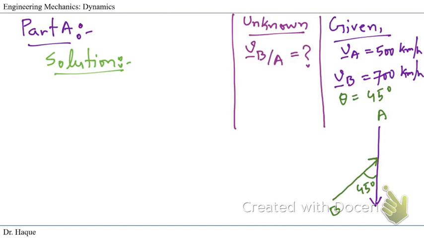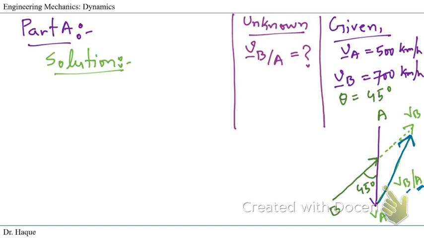If we extend this line in this direction, it will be VA and VB, and when we have to find VB with respect to A, the arrow is going, so when you're finding B with respect to A, the first point B, the arrow would be directed to the velocity B, and the last point A will be the start point of that arrow.